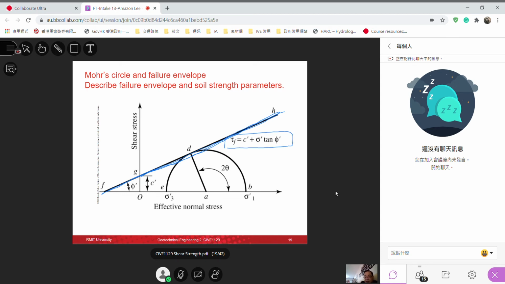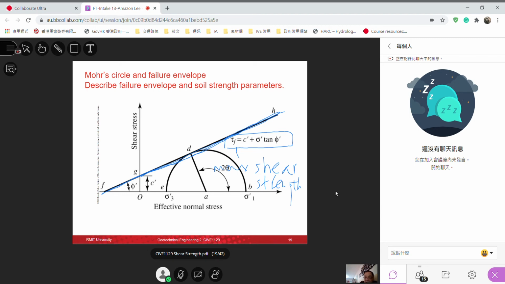It says that this is the maximum shear strength that develops in the soil across the potential slip plane.